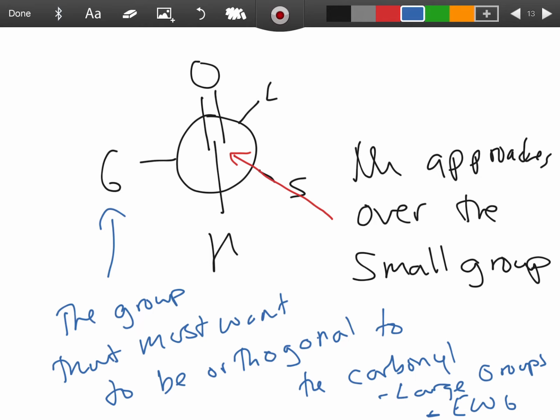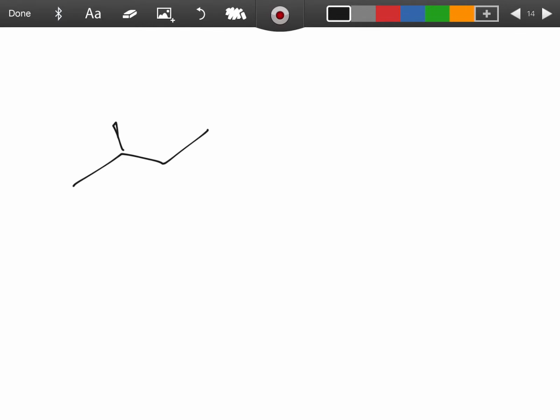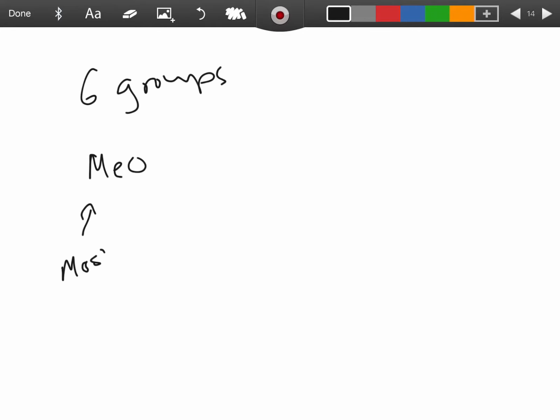So for this model, I should give you the list of G's first. Methoxys, or just general ethers: if you have a methoxy group, these most want to be orthogonal.